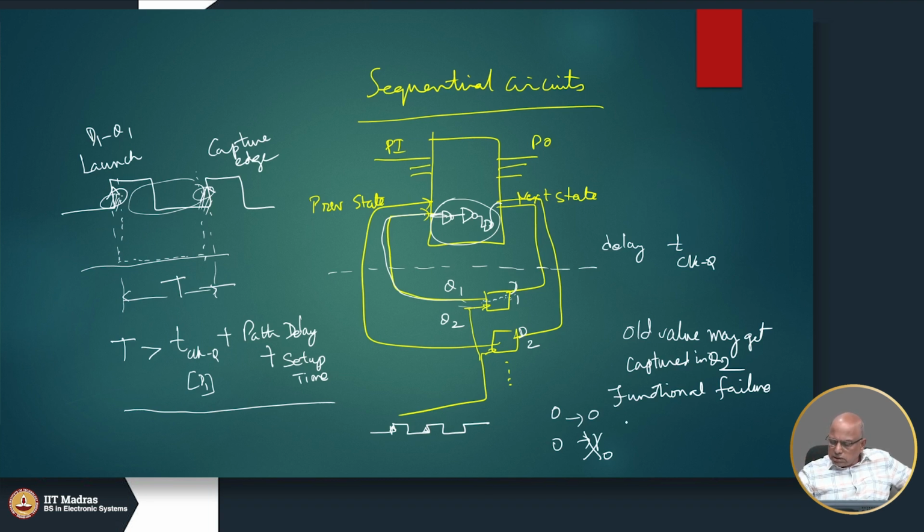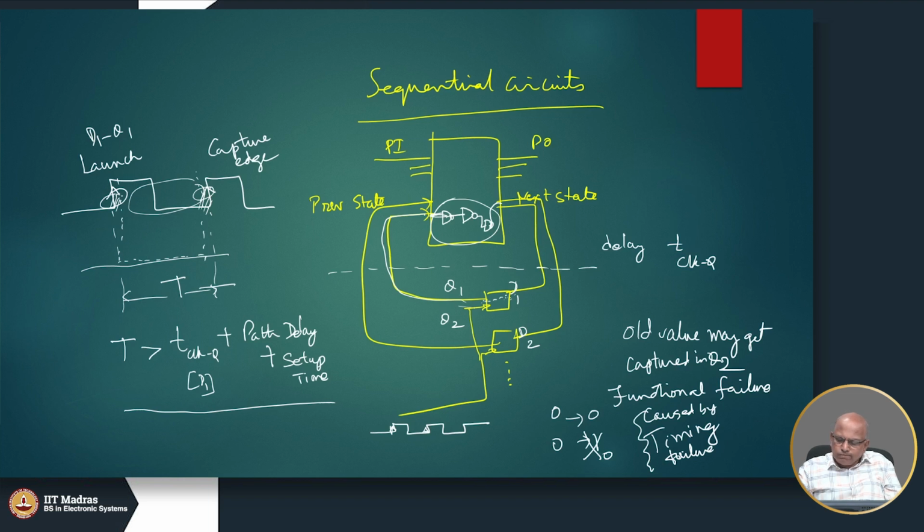So this is actually a functional failure caused by timing. It is not a failure of the logic. It's not that an AND gate has a stuck at one fault at the output.